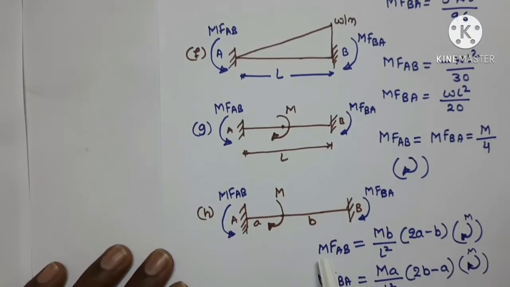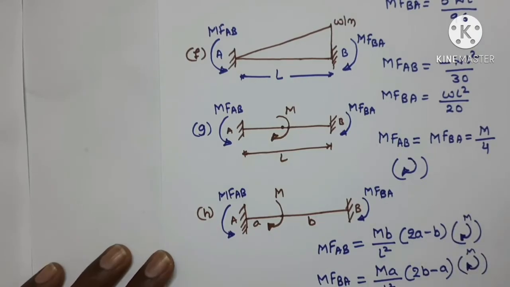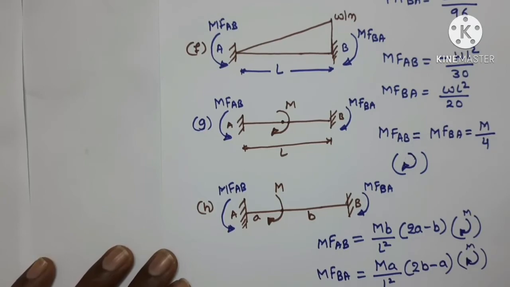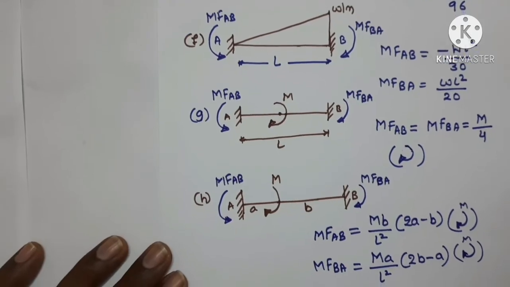MFAB is equal to MB divided by L square, 2A minus B, if the moment is clockwise. Next, MFBA is equal to MA divided by L square, 2B minus A. So these are the fixed end conditions whenever we go for solving the examples. We must remember all these fixed end conditions, then only we can solve the examples.